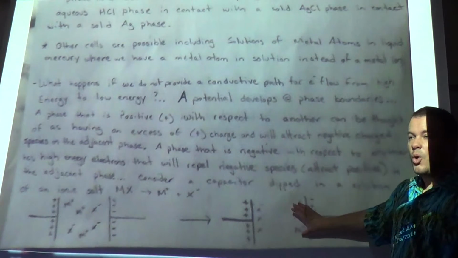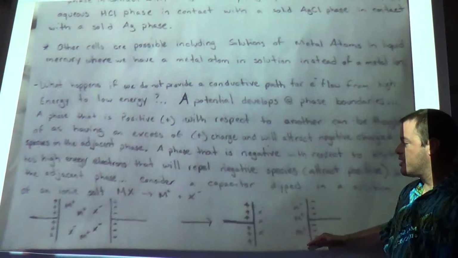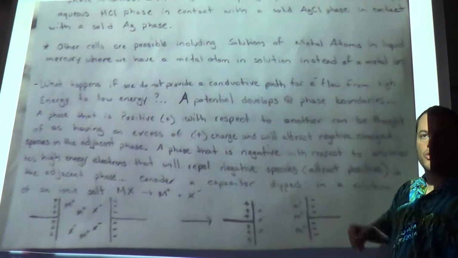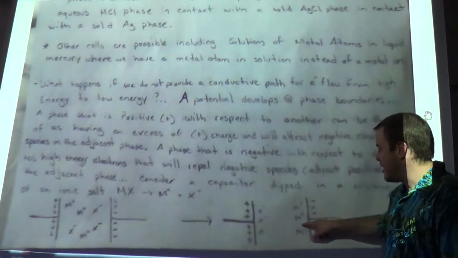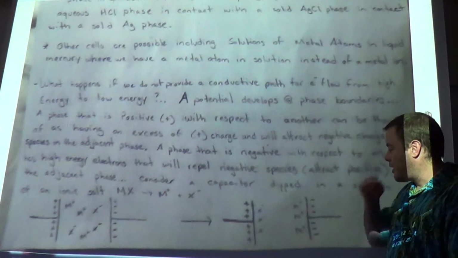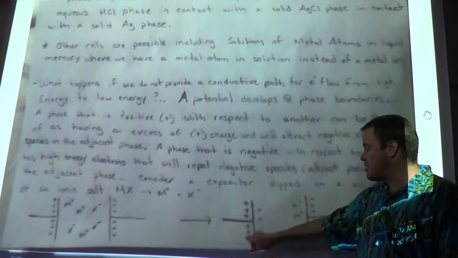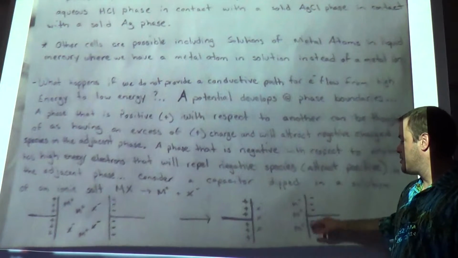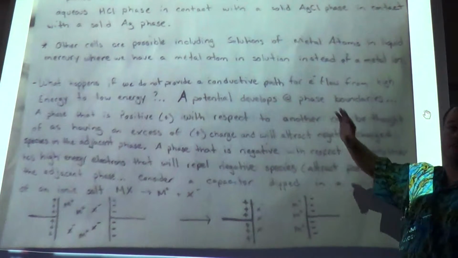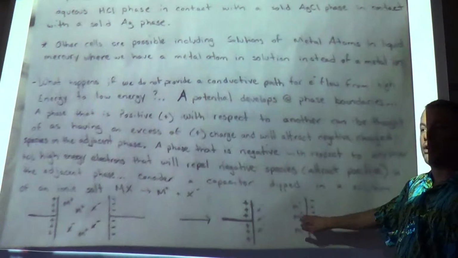But that current only happens if the magnitude of the field strength is large enough to pull those electrons off. If it's not large enough, you'll get this kind of situation where one plate has positive charge on one side, negative on the other, and the other one has negative charge on one side and positive charge on the inverse. This is important.